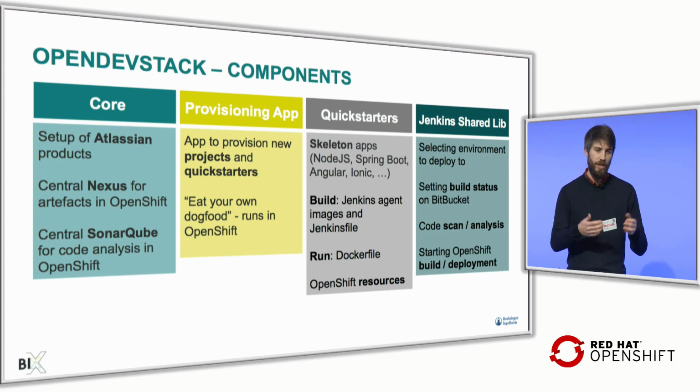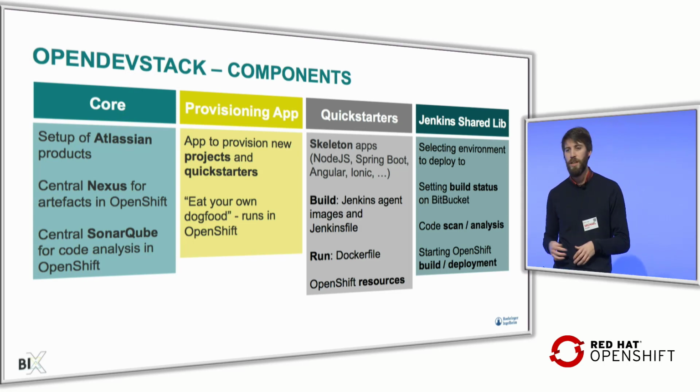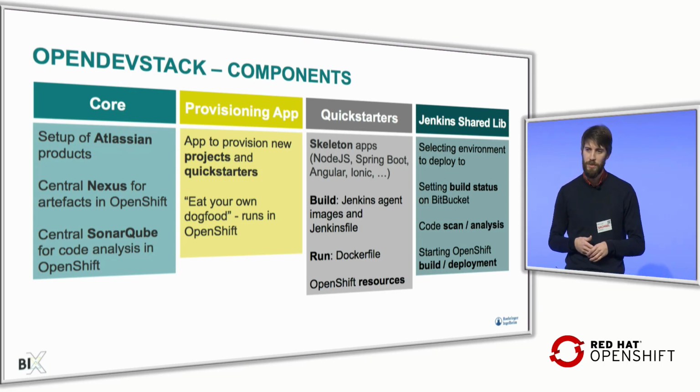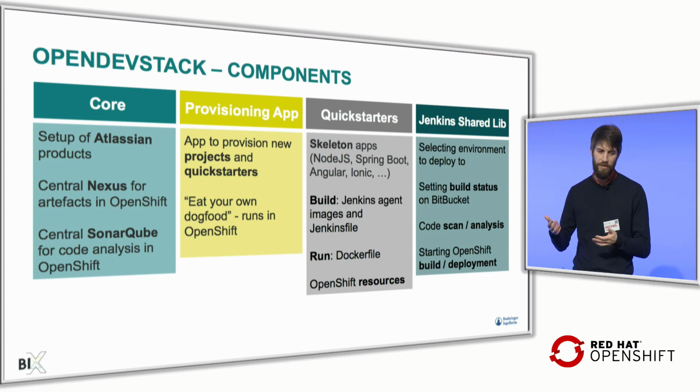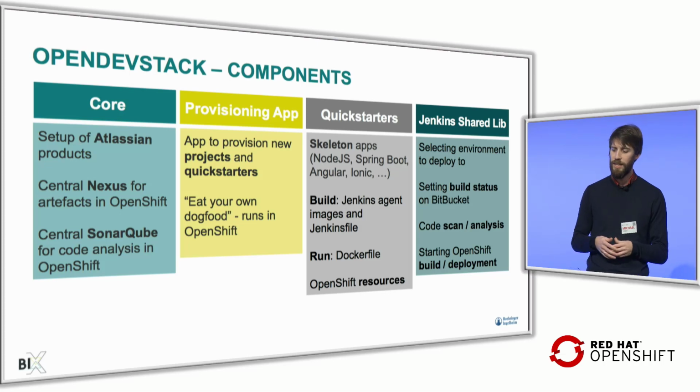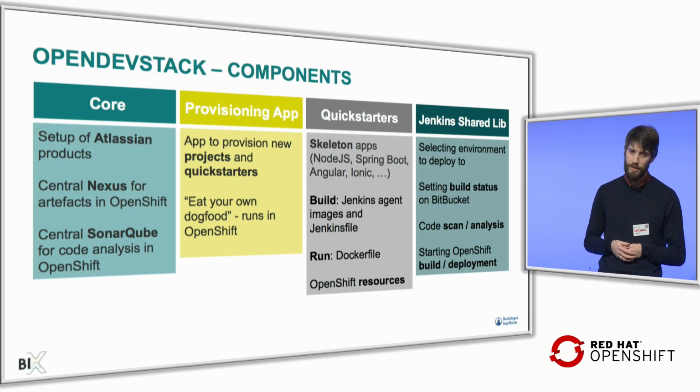So there will be Jenkins agent images that the Jenkins pipeline can use. There is a Jenkinsfile which describes how to build and deploy this application. It also delivers how to run the application, so the Dockerfile, the deployment config, and so on. And it sets up OpenShift resources.